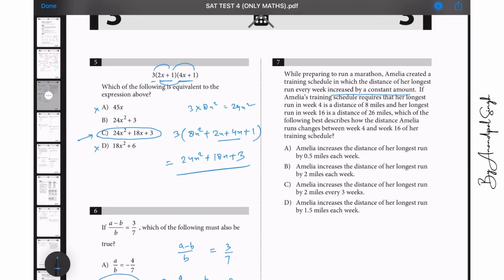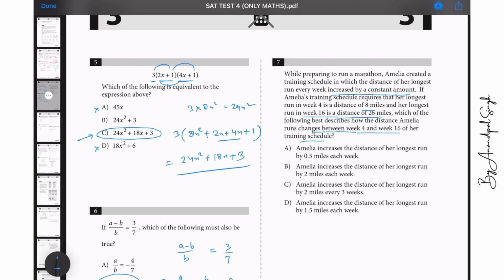If Amelia's training schedule required that her longest run in week 4 is a distance of 8 miles, and her longest run in week 16 is a distance of 26 miles, which of the following best describes how the distance Amelia runs changes between week 4 and week 16 of her training schedule? So what he's just asking is what is the distance which changes between week 4 and week 16.